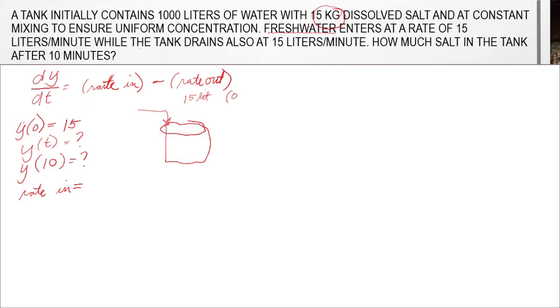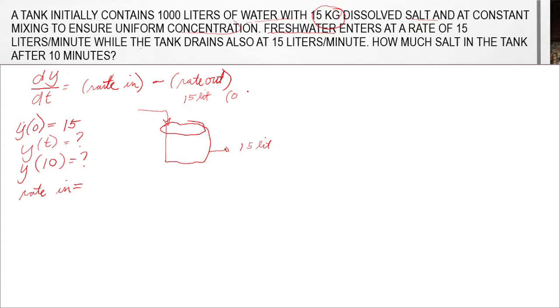In the tank we have a concentration of brine because we initially have salt and water, and we have an out of 15 liters per minute, and of course there is salt dissolved in it, so the salt has been decreasing after some time, and we have to find it at a certain time.